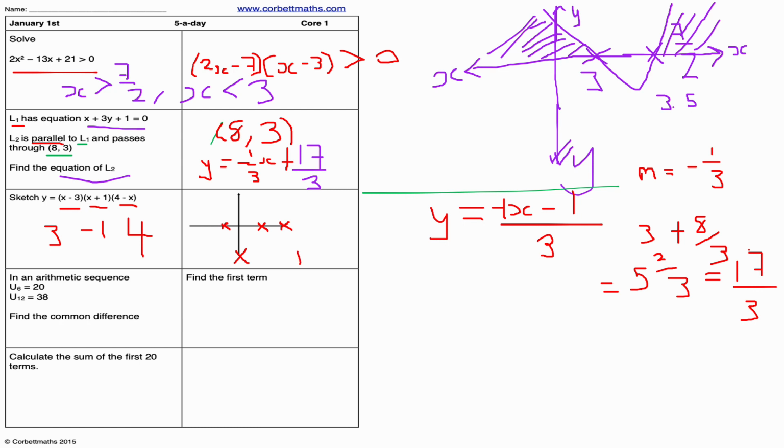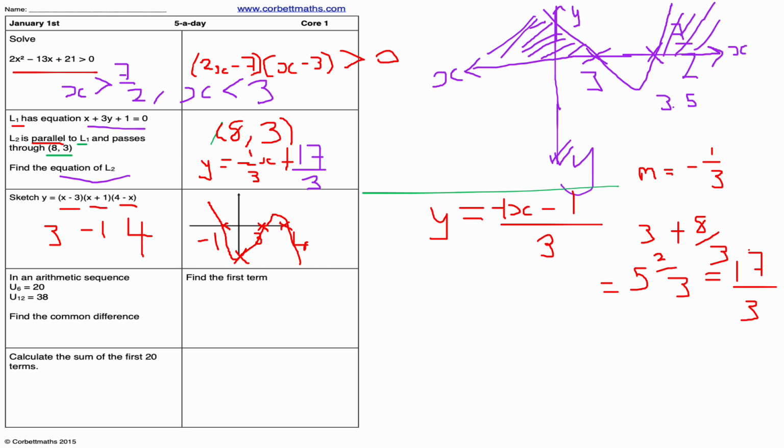It is going to look something like that. So that's my negative cubic, that's my solution, -1, 3 and 4, for that one, guys.